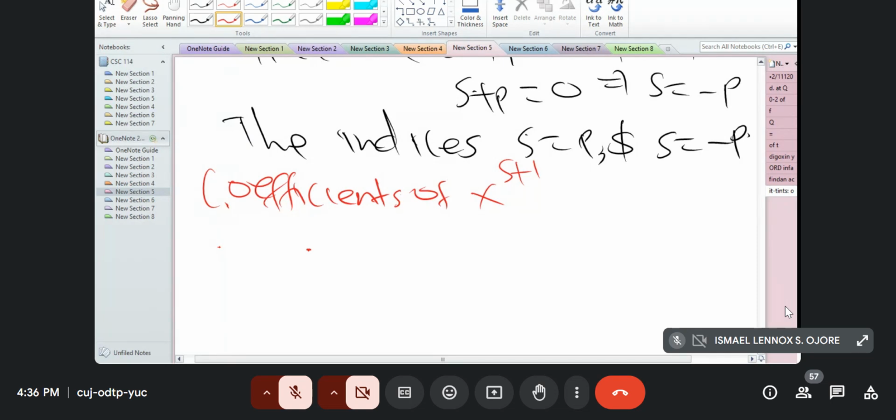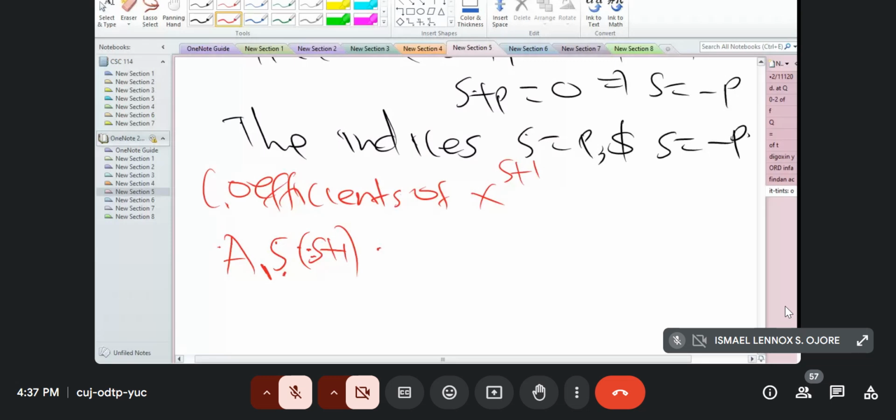A1 s times s plus 1. We are just extracting the coefficients, so leave outside the x power s plus 1. Oh, okay, this is what you meant. I thought you had said x to the s plus 1.